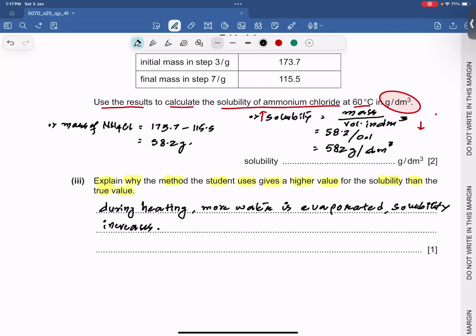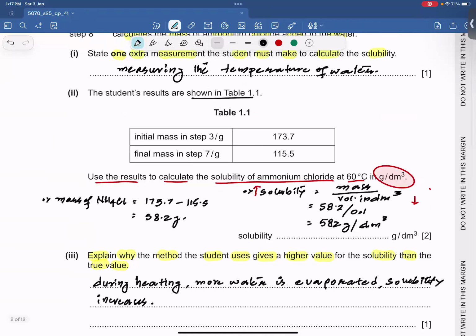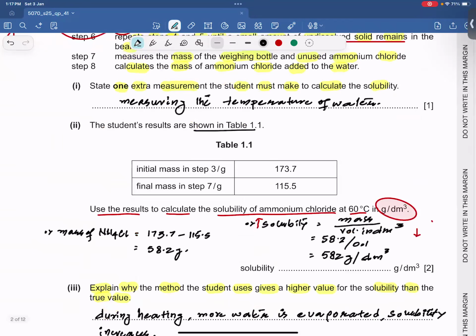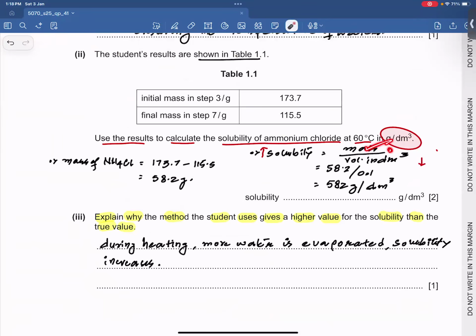And the second is, in step 6, a small amount of undissolved solid remains. So this increases the mass of solute.